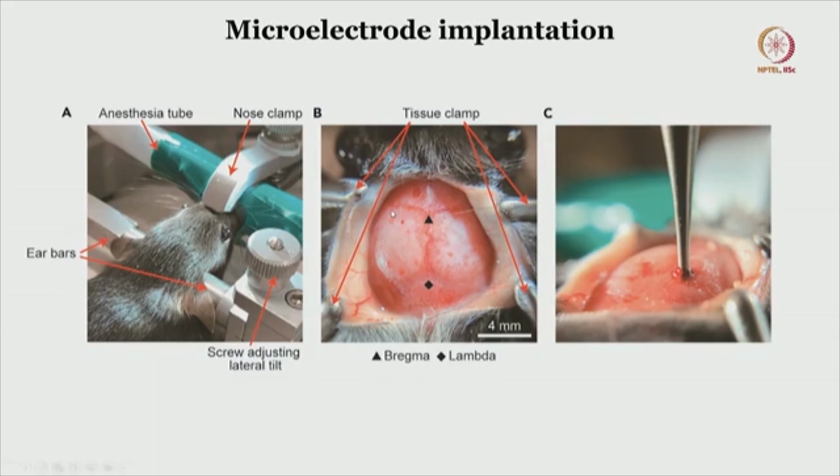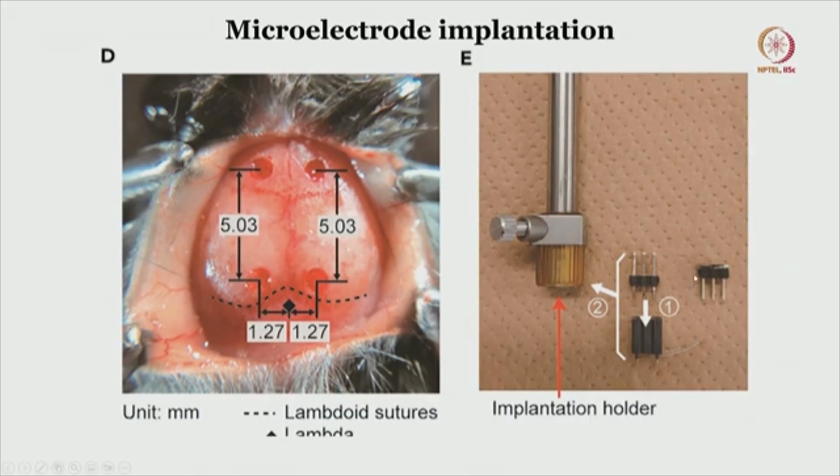You make a midline incision, then expose the skull, and I hope you remember the classical landmarks of bregma and lambda. That is very important. That is the starting point of any neurosurgical procedure for neural experiments. Once that is done, use the coordinates and mark the burr hole area, and then use the drill bit to make the burr hole and expose the dura.